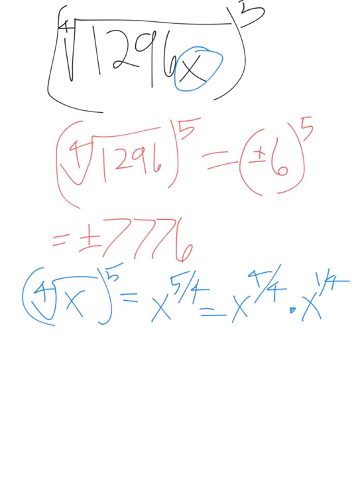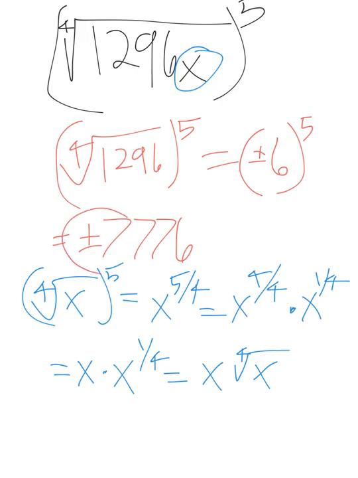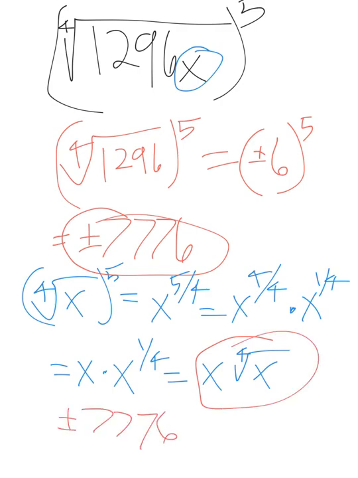And that helps me because I can rewrite this as x to the first power, because 4 over 4, times x to the 1/4 power. It looks kind of weird like that, so typically it's converted back to the radical form as x times the 4th root of x. So, I have this and this for my final answer. I just split it up to hopefully make it easier to explain. And you could totally do that if you're working it out on your own. Just put them together for your final answer.